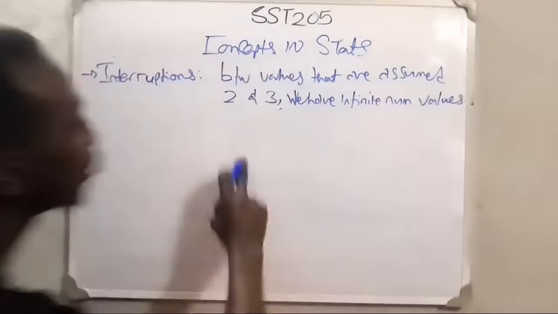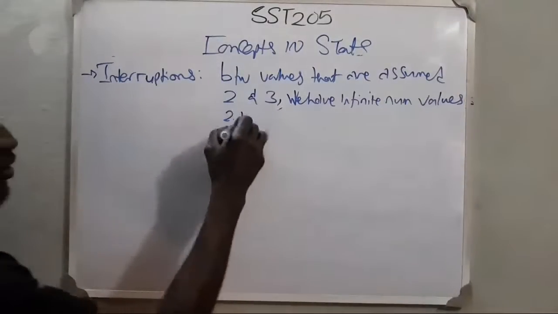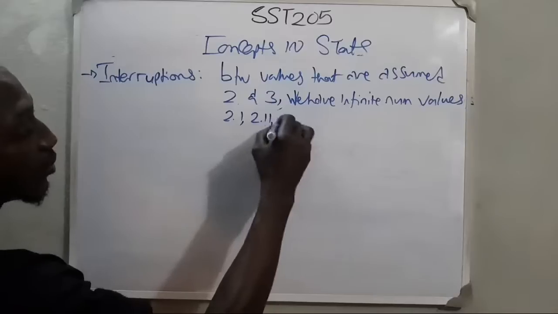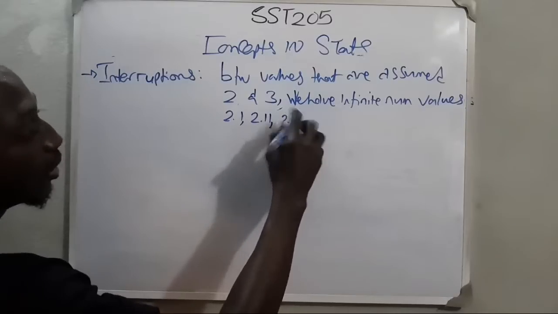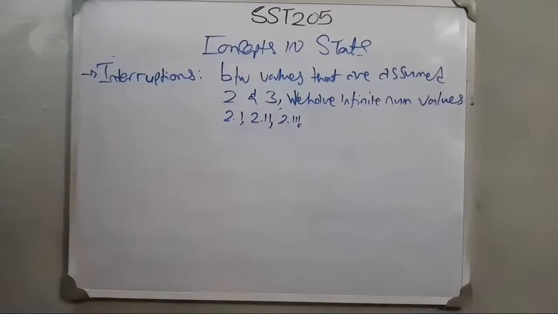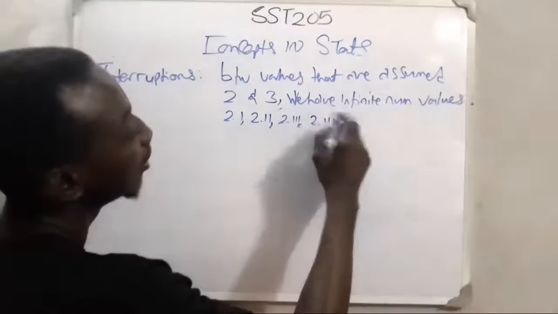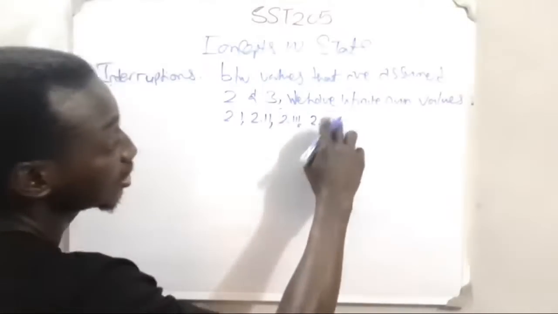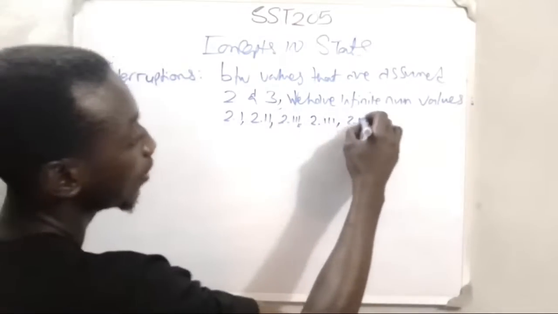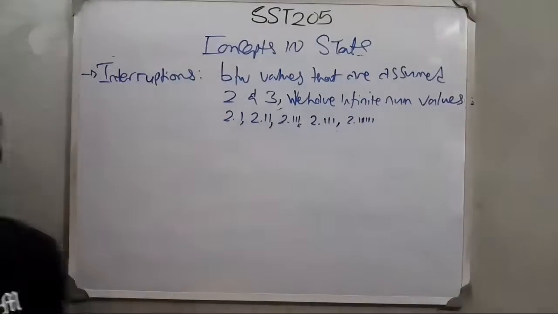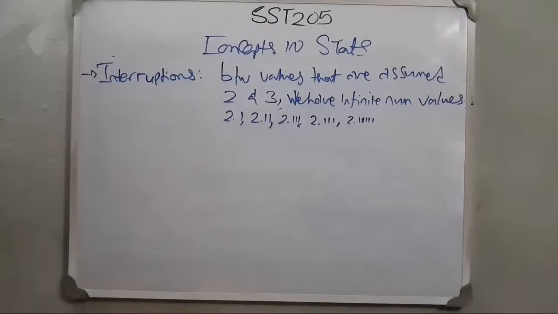Now between these 2 and 3 we have 2.1, 2.11, 2.1111, and it goes on and on and on. You still have 2.1111, infinite. So we have that as the interruptions.